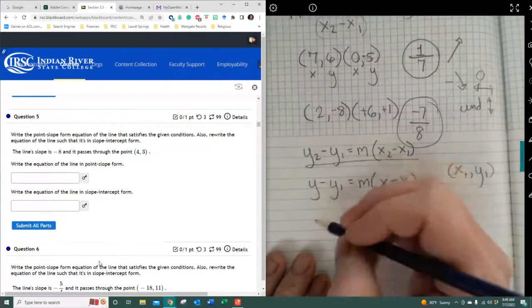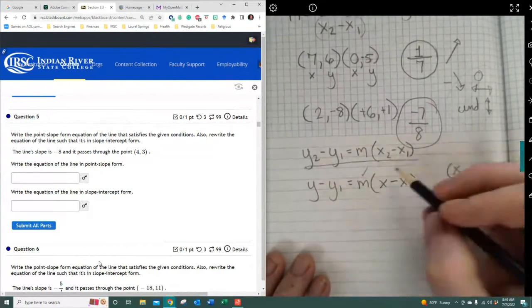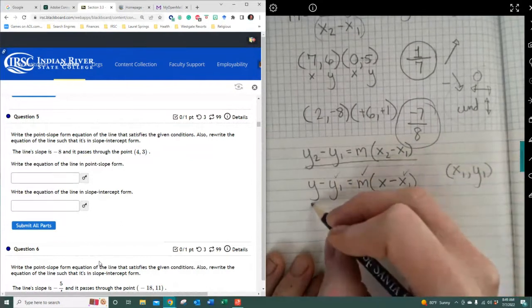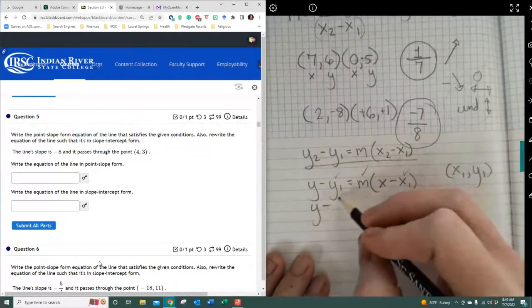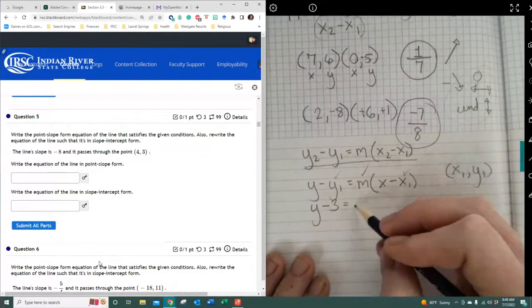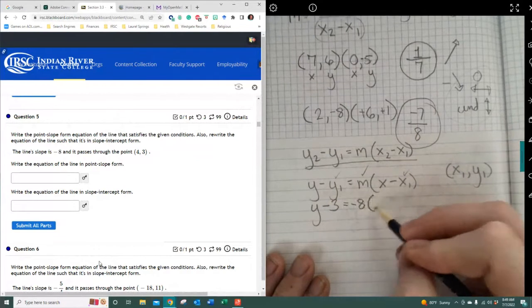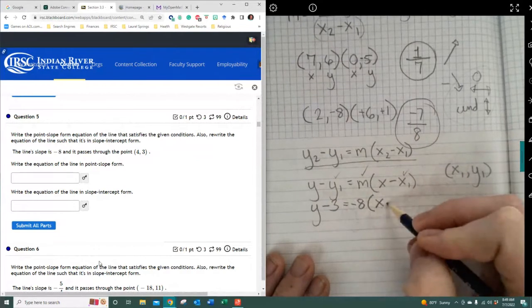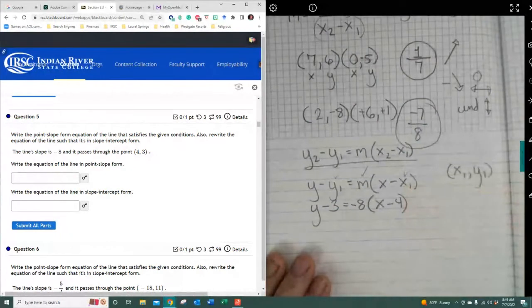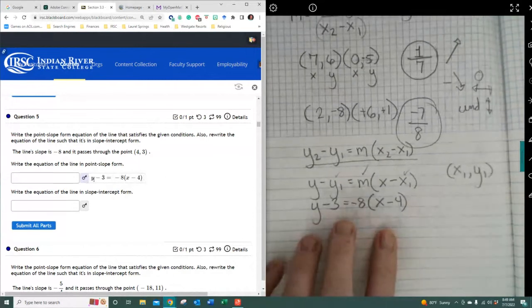So if the m is given to us and the point is given to us, then all we got to do is drop it in. So y minus 3, because there's a negative sign there, right, equals, and then -8 times x, and then -4, because there's a minus sign here. We take the opposite of the 4 that's right there. Okay. Now write the equation. I already did. Okay. Giving you exactly what's there.